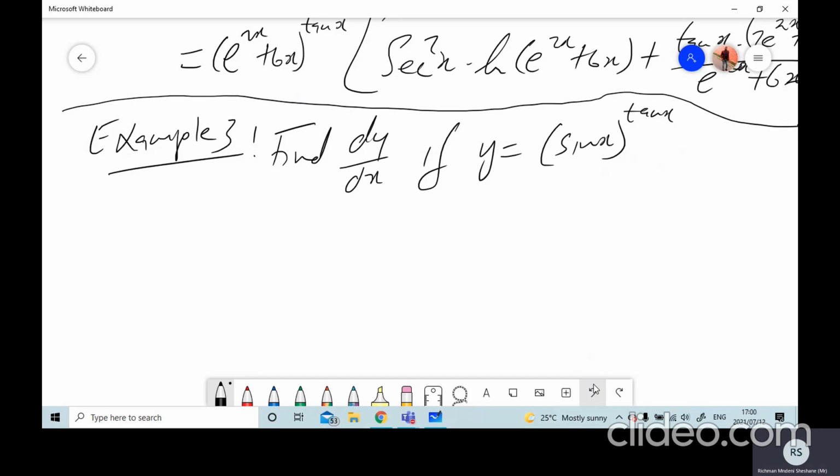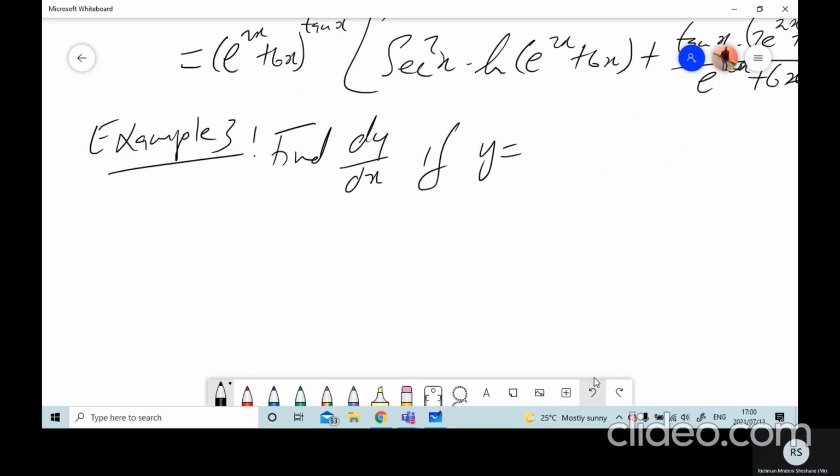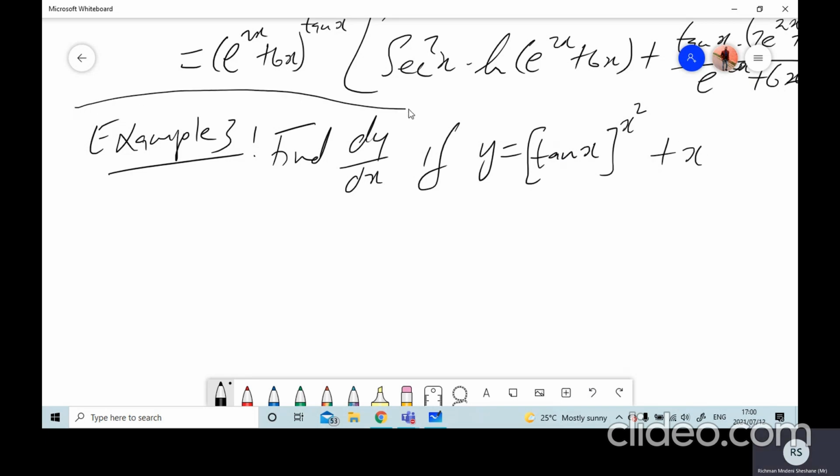No, let me do this example, the hard one. Let's say my function y is tan x to the power of x squared plus x. I want to find the derivative of this function.